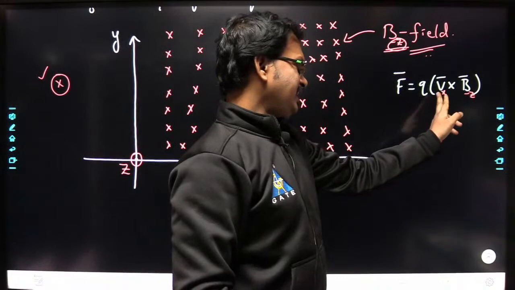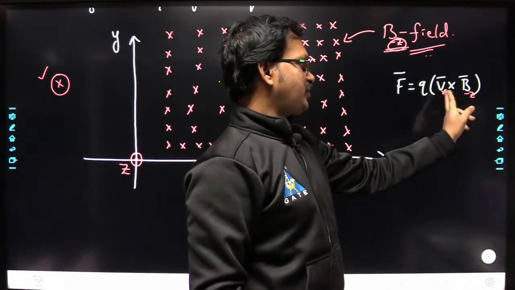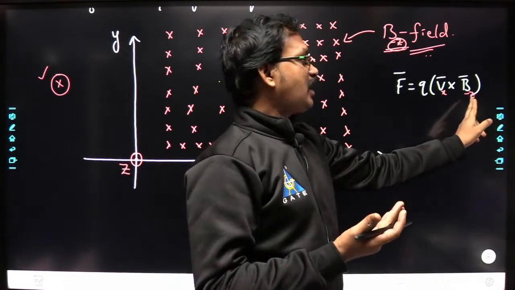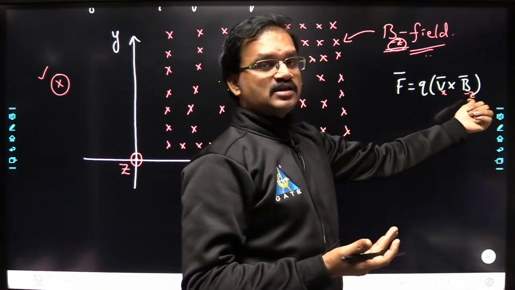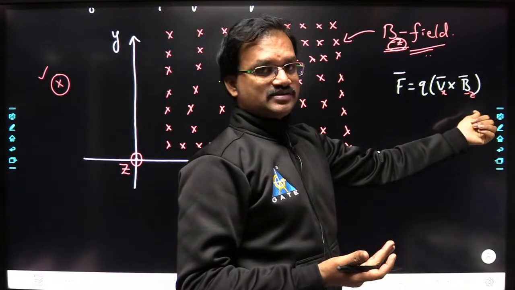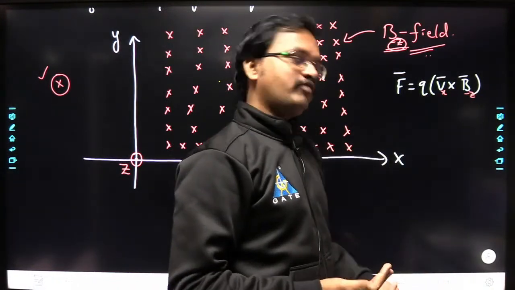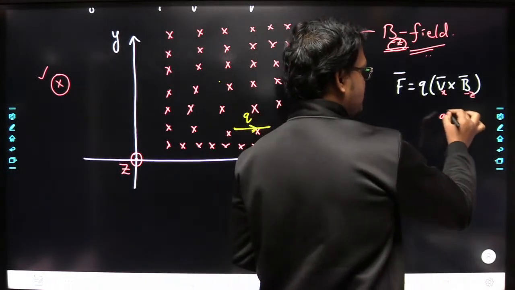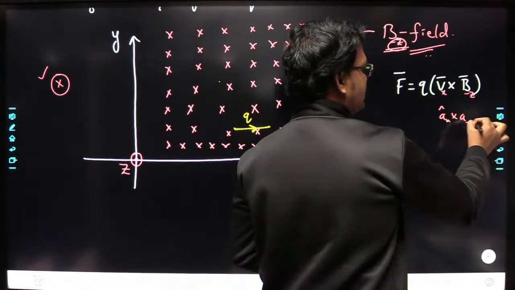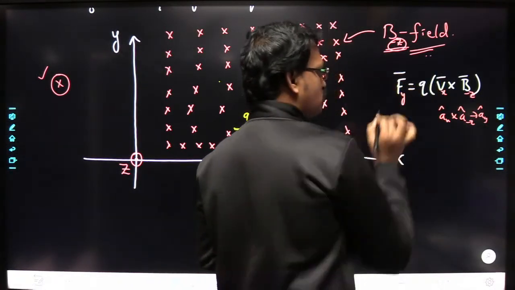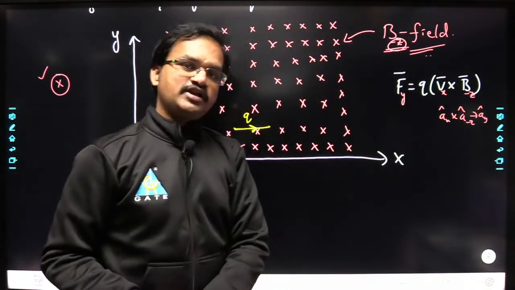Here it is a_x cap cross a_z cap, which gives minus a_y cap, and here minus into minus becomes plus, so it is going to experience the force in the positive y direction. See, this is a_x cap cross minus a_z cap, you get plus a_y cap direction. That means the charge is going to experience a force in the y direction.